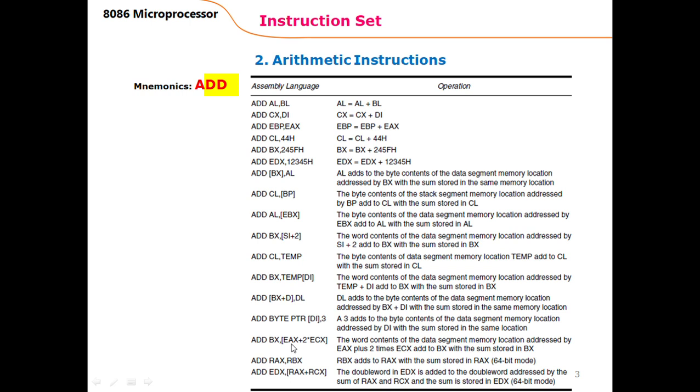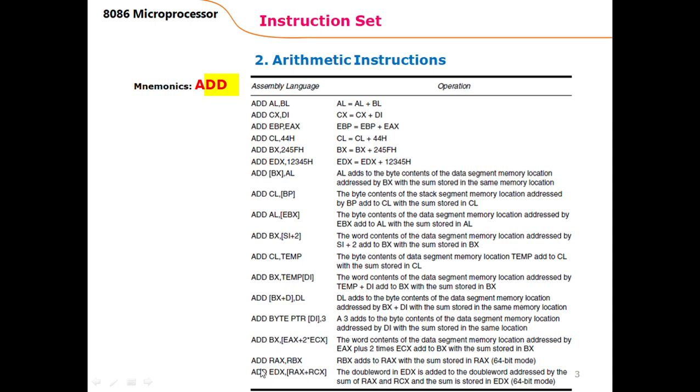The 32-bit content in the EAX register is added with 2 times the 32-bit value in the ESI register, and this would give us a 32-bit offset address, and this offset address would locate a 16-bit value in the data segment memory location, and that 16-bit value is added with the 16-bit content in the BX register, and the result is stored here in the BX register.